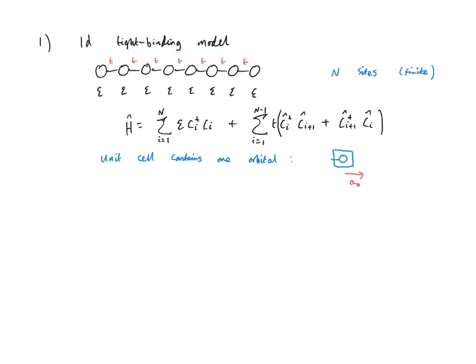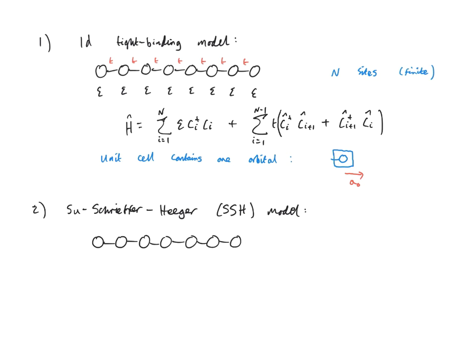The other model that I want to discuss is the so-called SSH model. This is the Su-Schrieffer-Heeger model. And this is very similar. It's a 1D tight binding model. So again, I have these orbitals in 1D. Again, they have on-site energies epsilon, which are all the same.